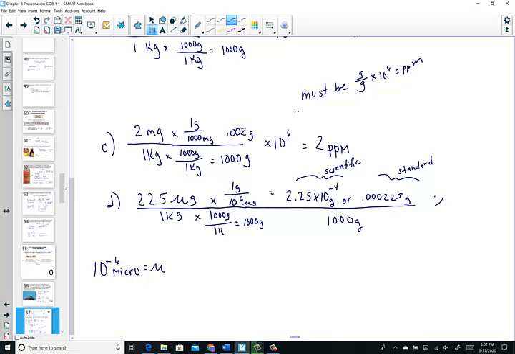And then we have to multiply by 1,000,000 to get a part per million. 2.25 times 10 to the negative 4 divided by 1,000 multiply by 1,000,000, and you get 0.225 parts per million. A lot of zeros to keep track of with parts per million, such a small number.